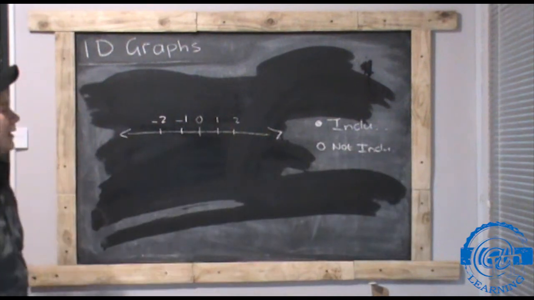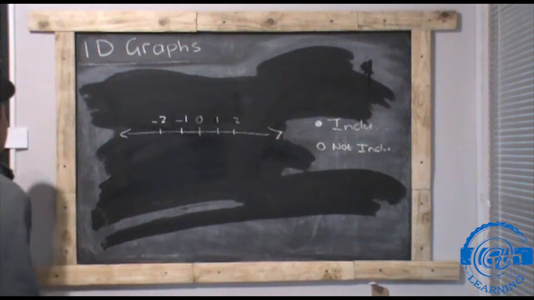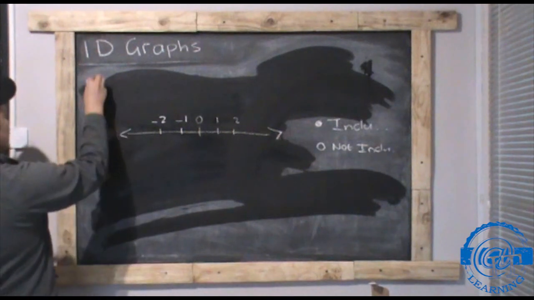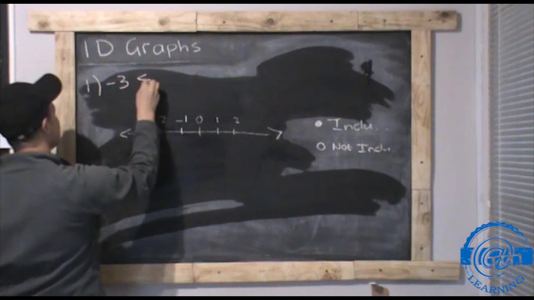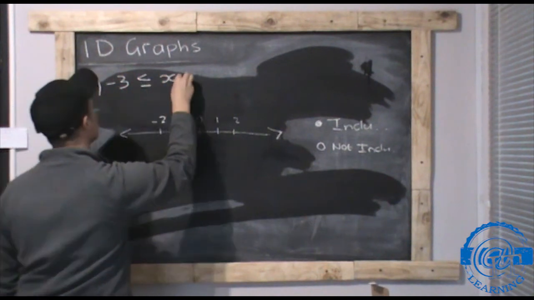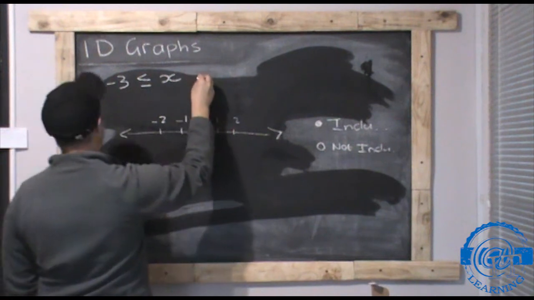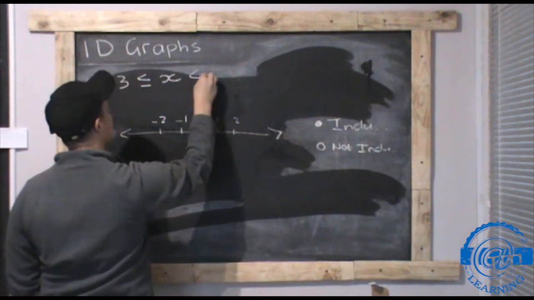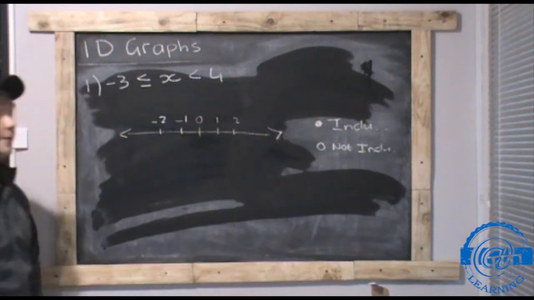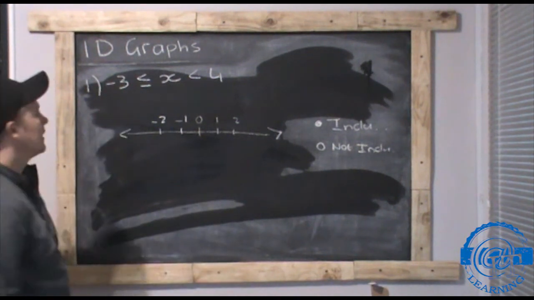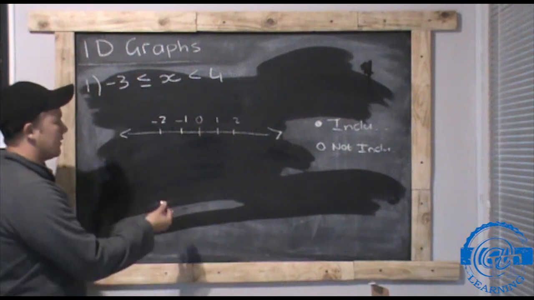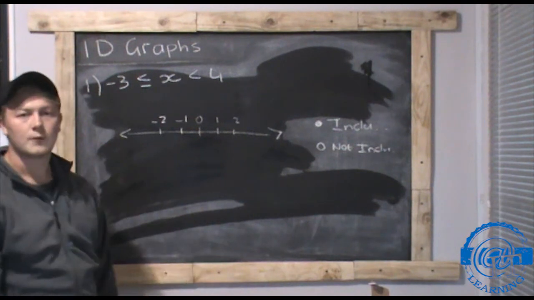Now, let's consider an example such as minus 3 less than or equal to x, and x must be less than 4. You will be given something like this, and then you have to plot it on your one-dimensional graph.